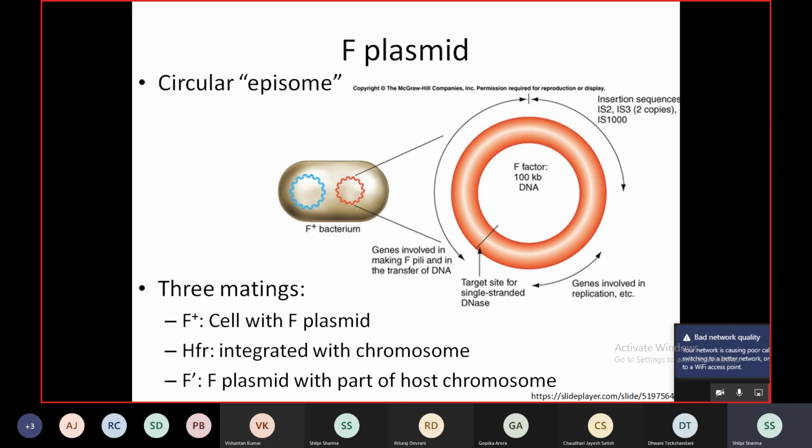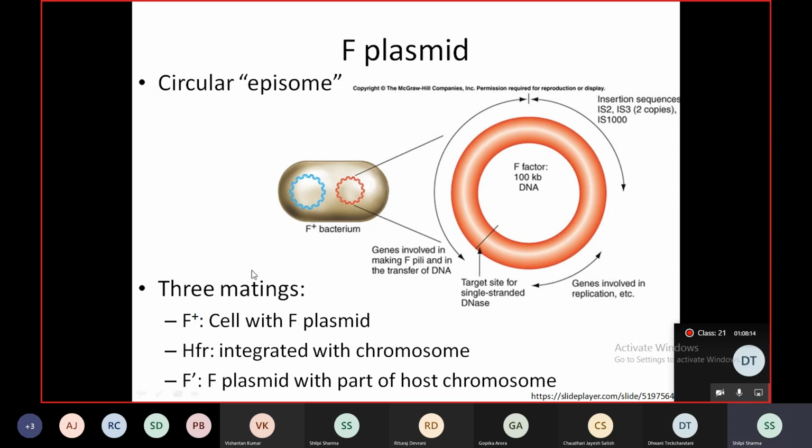You saw in the rolling circle model how there's this one strand in continuity with the leading strand, and the template strand on the other side. So this is the rolling circle mode which is used in conjugative transfer of the F plasmid. The F factor encodes genes for the sexual pili, which is a thin rod-like structure that carries the F plasmid from the donor to the recipient.